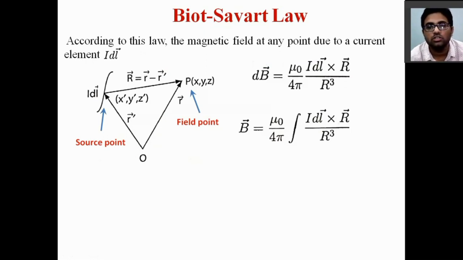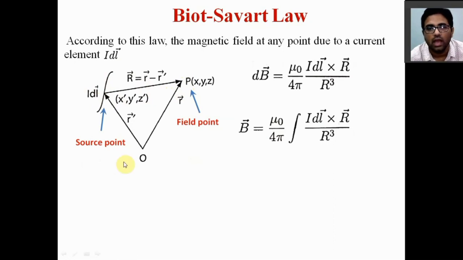Now according to this law, the magnetic field at a point P here due to a current element I dl is given by this form. Here R is the vector from the current element to the point of observation, which is P. This is called the source point, and the point P where the magnetic field will be found is called the field point.